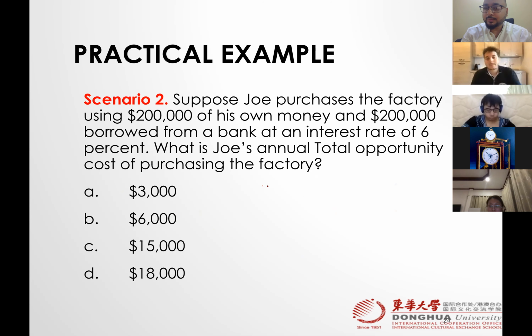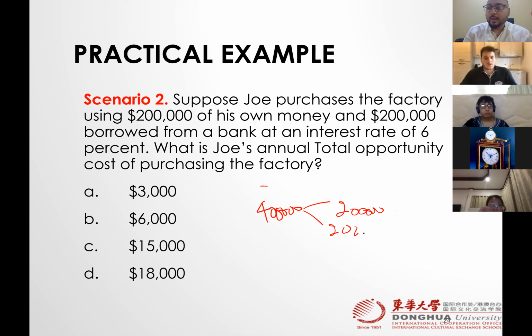Factory cost $400,000, and he says, I'm going to put my own money $200,000, and from the bank $200,000, but I will pay 6% interest. How much is 6%? Right, $12,000.